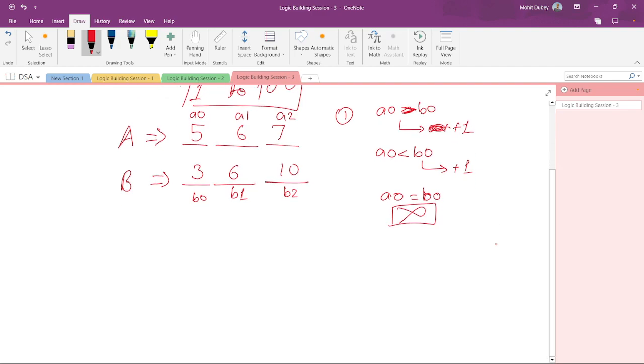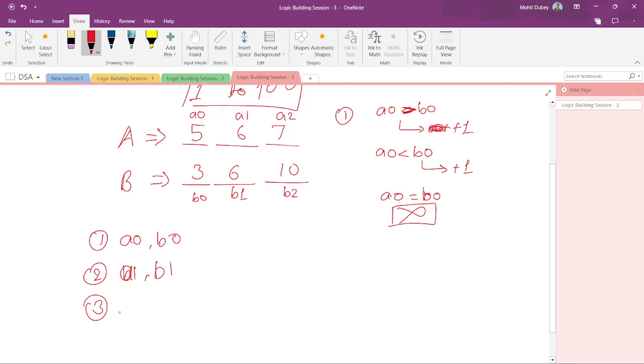By observing this question, I can say that I have to check three elements, because there are triplets. The first comparison will be between A0 and B0. The second comparison will be between A1 and B1.